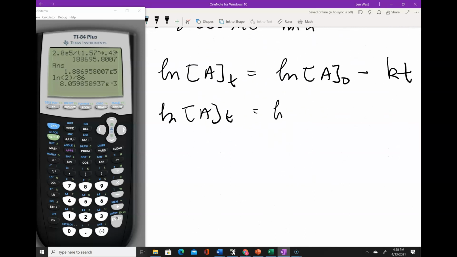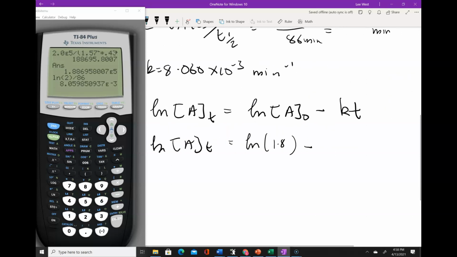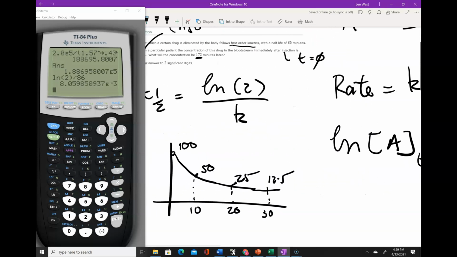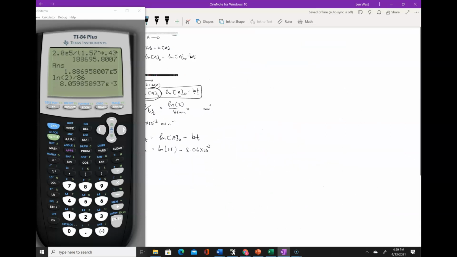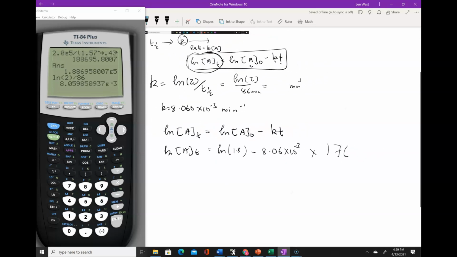So this equals log of 1.8. And then my k, which I just calculated, 8.060 times 10 to the minus 3. And then my time was 172 minutes. There we go. All right, so that's it.